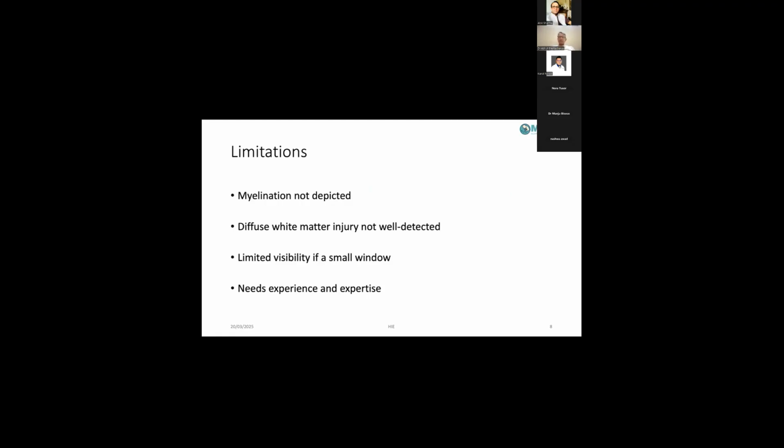There will be diffuse white matter injury when there is interruption of the blood flow, ischemia, but that is not well detected with ultrasound. You can see the surrogate markers of it, but you cannot see the diffuse white matter injury. Limited visibility with a small window is always a challenge, because HIE happens in well term-born babies.